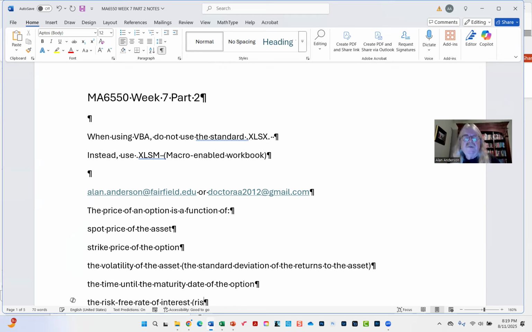Risk-free would mean the yield of the treasury bill that matures at the same time as the option.